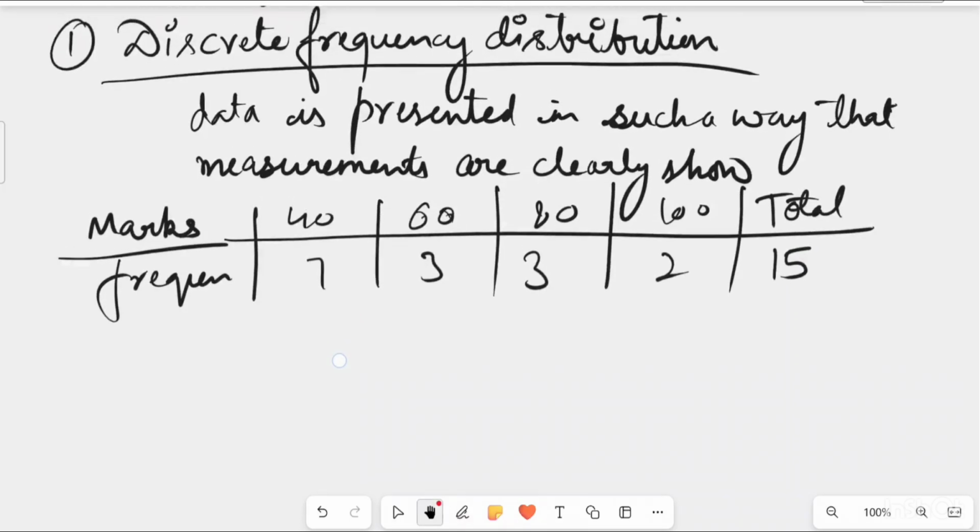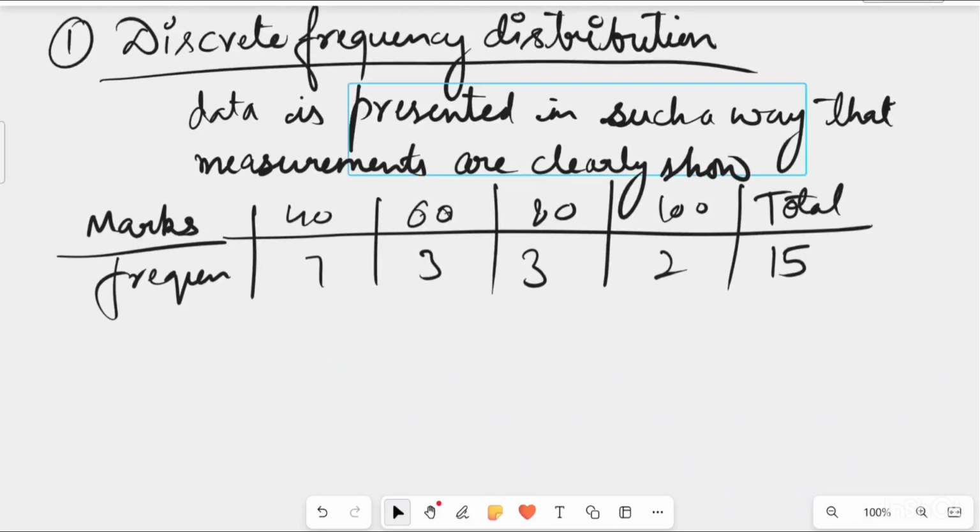So discrete frequency distribution is data presented in such a way that measurements are clearly shown.